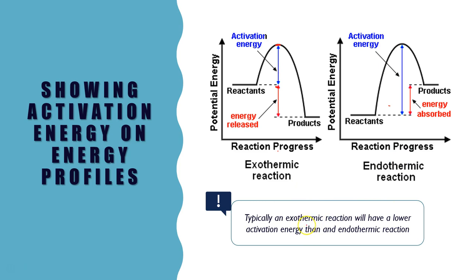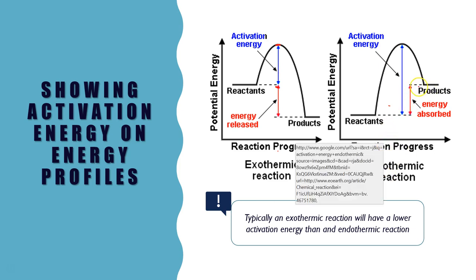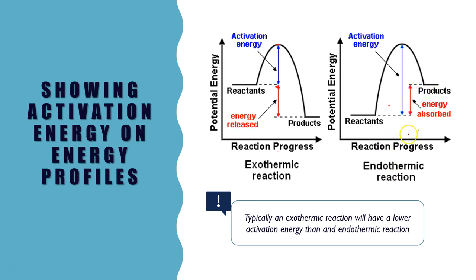Okay, and then remembering that the energy absorbed is going to be from the product to the reactants. Make sure that you have sketched each one of these as an example so you know how to draw them. This is a skill that you need to have to move on and be able to do in your assessment items and explain the difference in activation energy between exothermic and endothermic reactions.